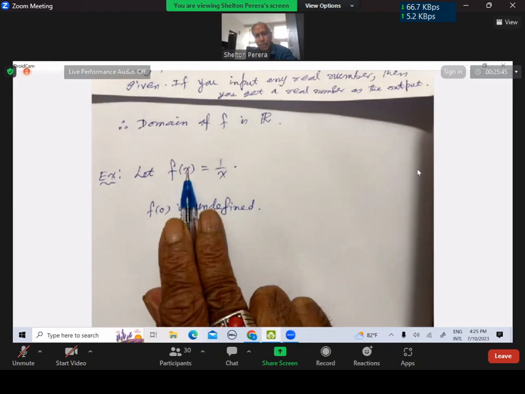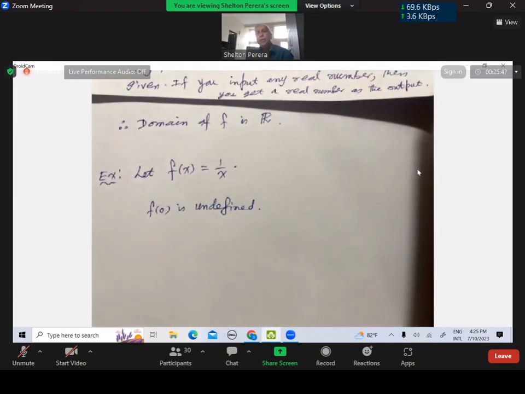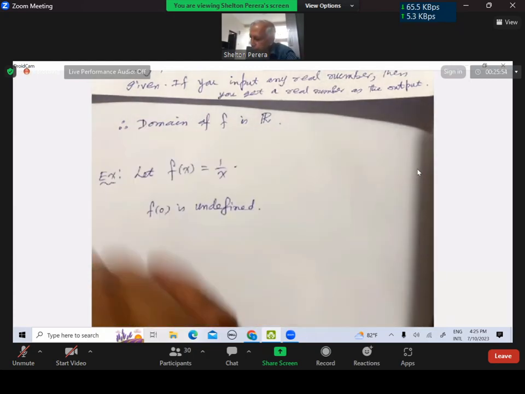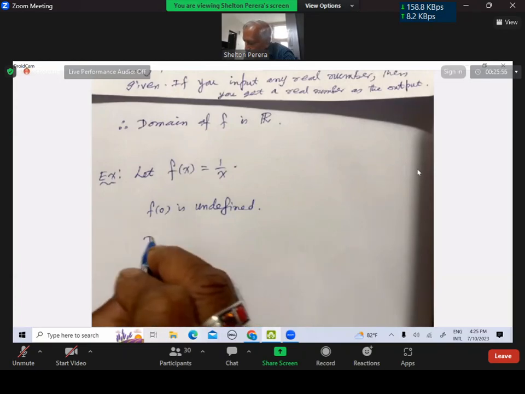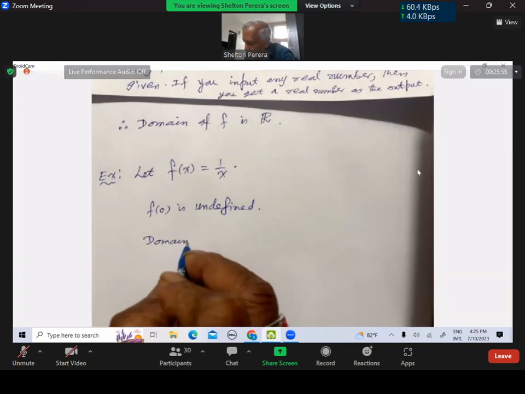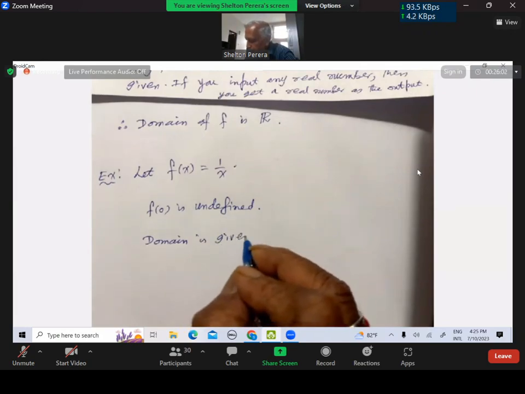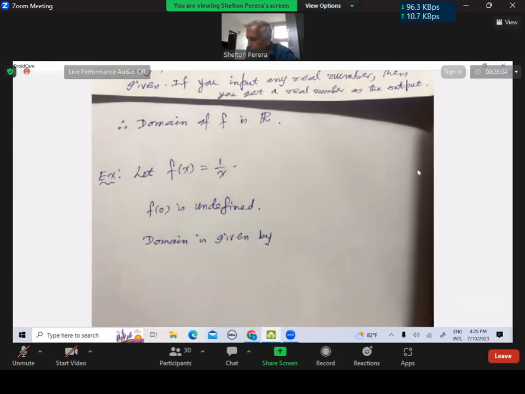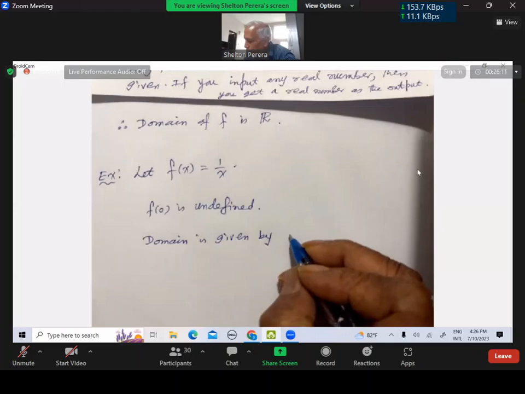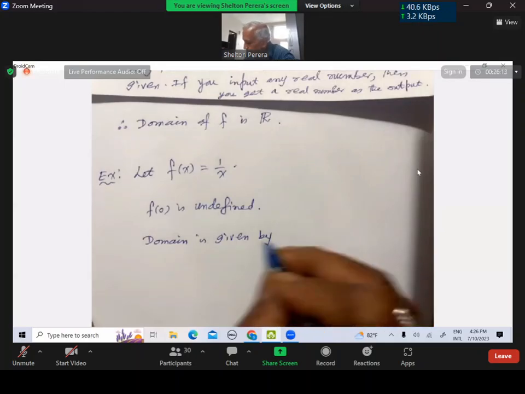So if you input 0, you cannot get an output because 1 over 0 is undefined. For any other real number, the domain for this function is given by the set of all valid inputs. Largest set is given by R.